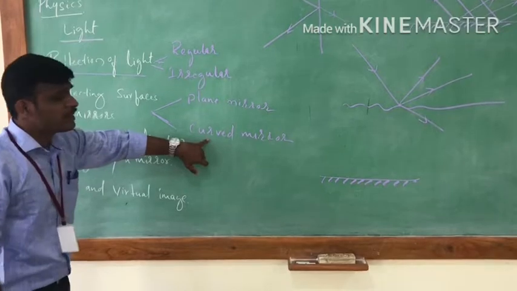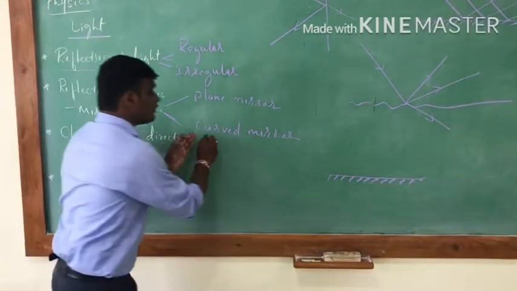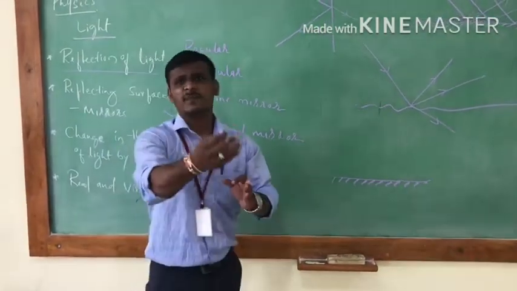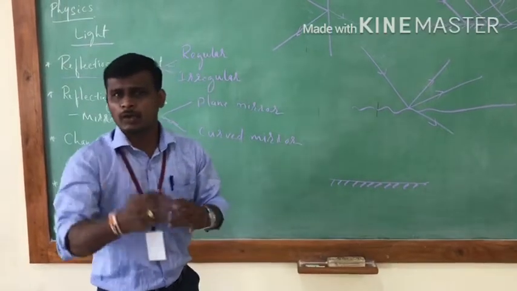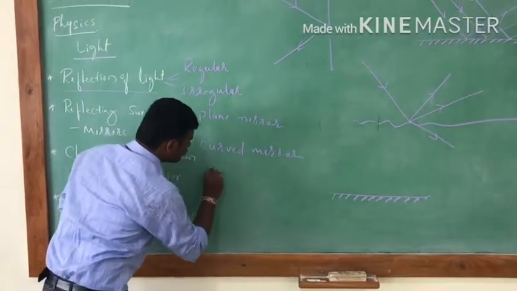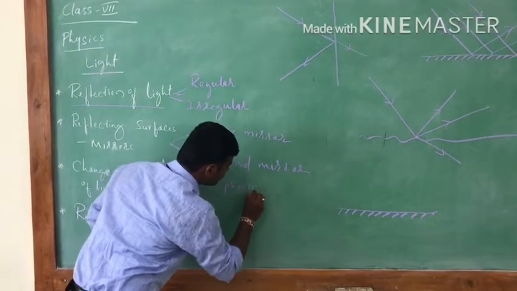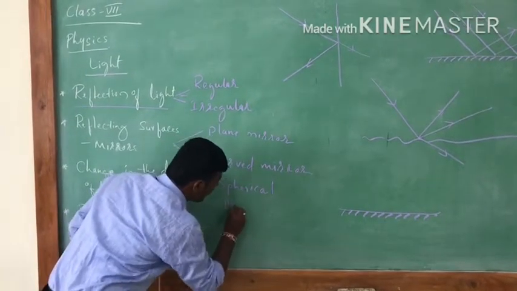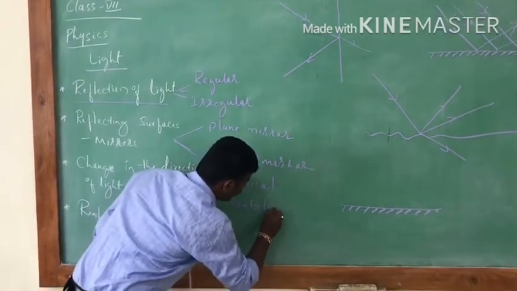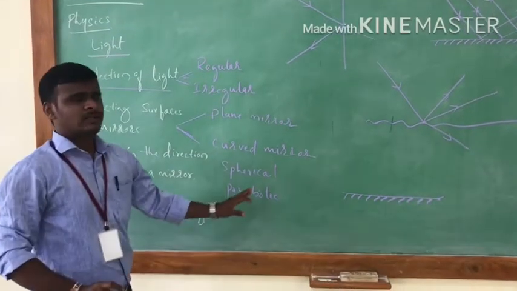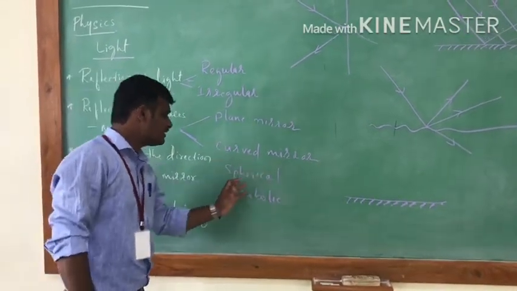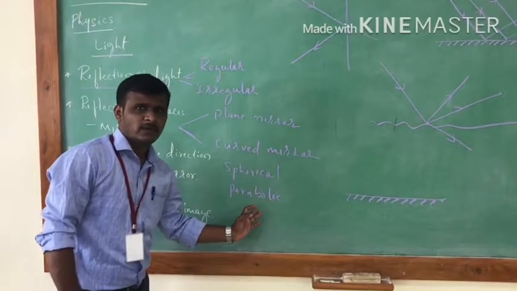But in a curved mirror, what happens? These curved mirrors we call spherical mirrors or parabolic mirrors.